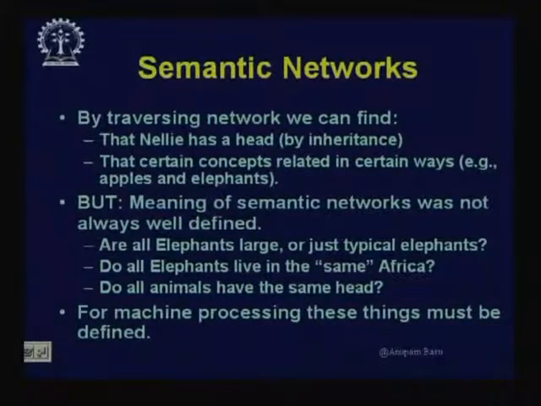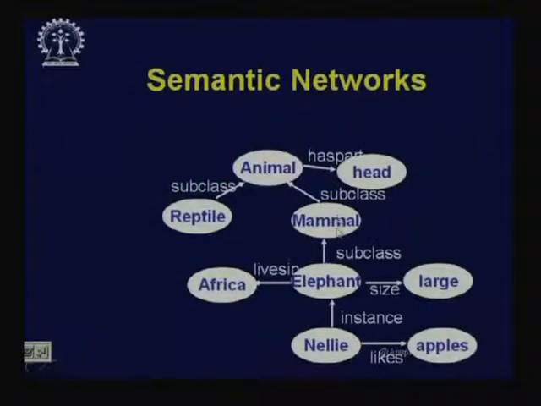We inferred by traversing the semantic network, and with that we found that Nelly has a head, and that was purely by inheritance. We inherited the property of Nelly having a head. The property was much higher, and that has been inherited along this arc to Nelly, all right.